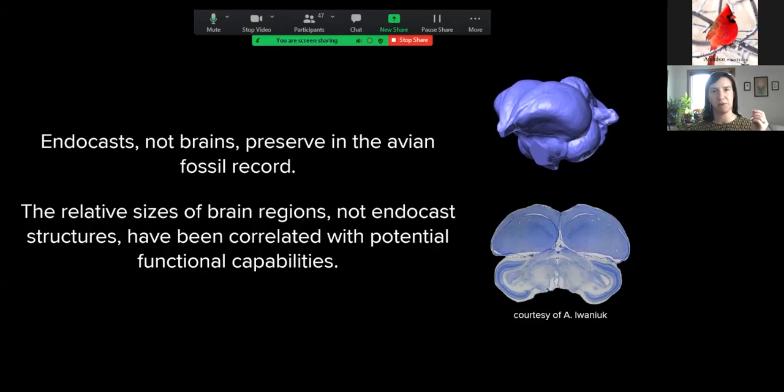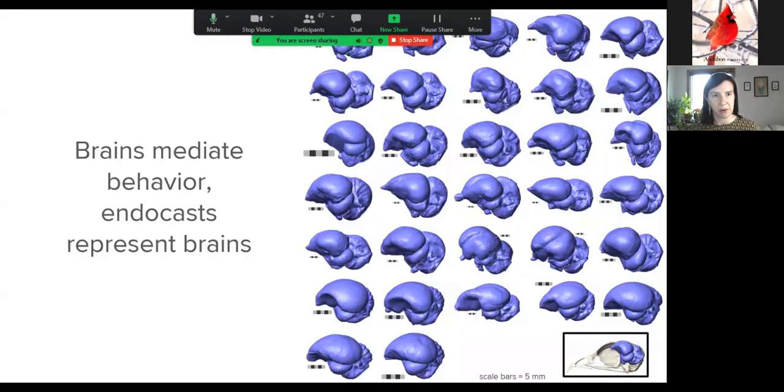So that's where that structure and function relationship that I'm interested in is tied. Or to put it another way, brains mediate behavior and endocasts represent brains. So if we can figure out how well endocasts represent brains, then we can actually make inferences about behavior throughout the fossil record and look at how that changed through deep time.